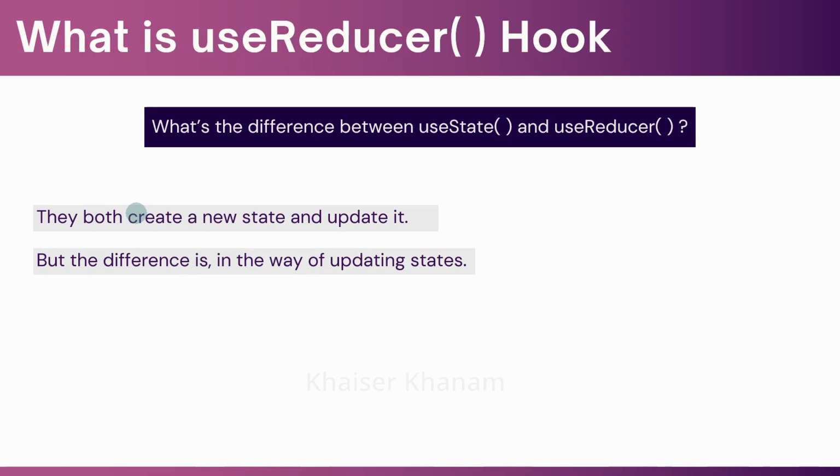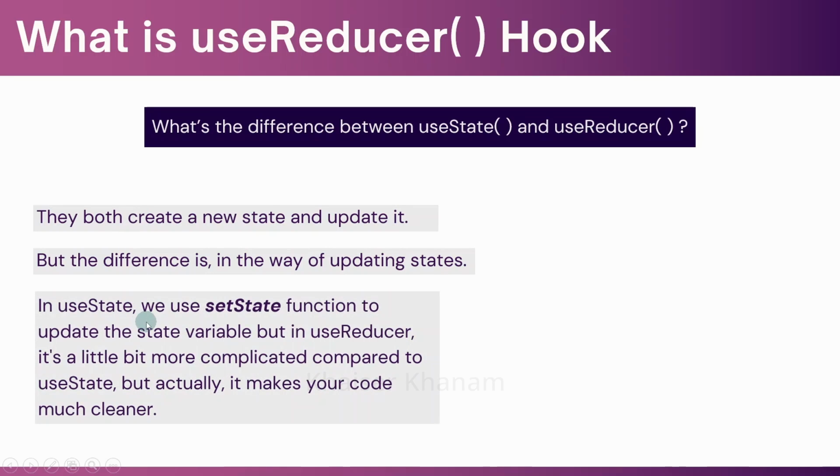Both will be having different behavior of updating state. So in useState, we are going to use our setter function to update the state of the variable. But in useReducer, it is little bit complicated. But if we are using useReducer, then we can make our code cleaner and also we can give proper structure which can be easily understood by anyone.